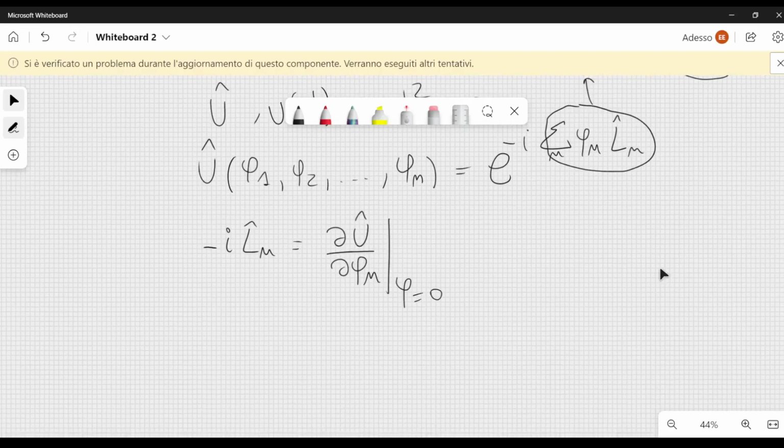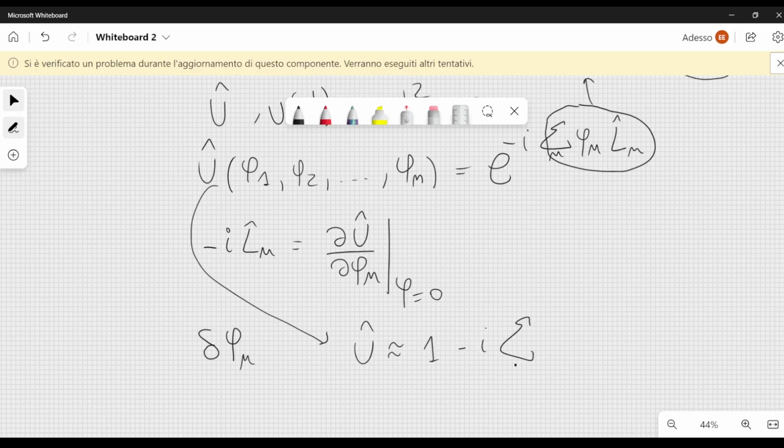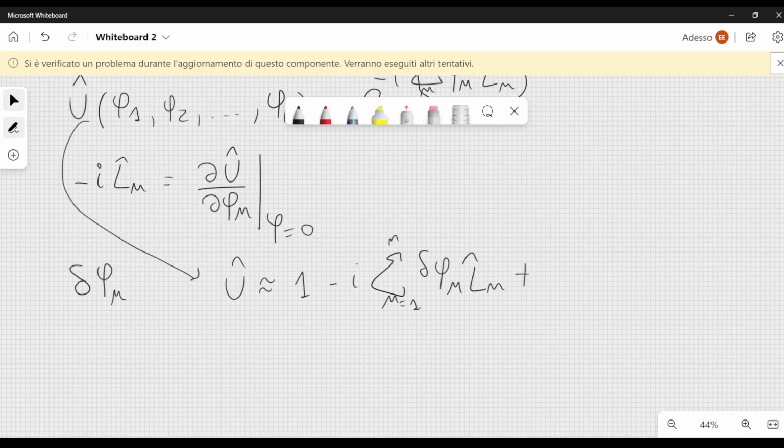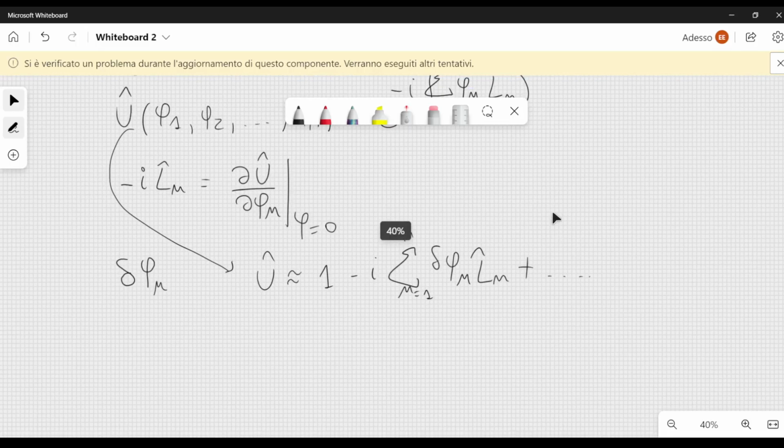Now when these parameters phi 1, phi 2, phi n are small, and when they are small I will simply replace them with delta phi mu, for example, this matrix U can be simplified, and it will be approximately equal to 1 minus I summation over mu from 1 to n delta phi mu L mu, and then you might have higher order terms that I will not write.